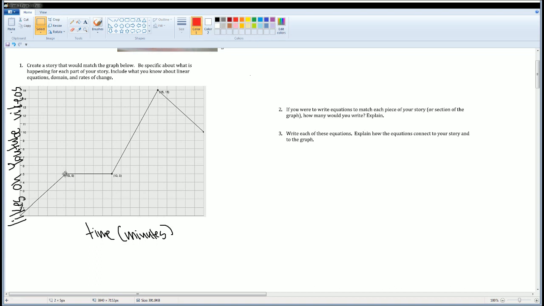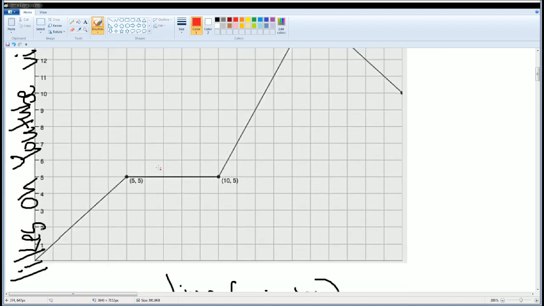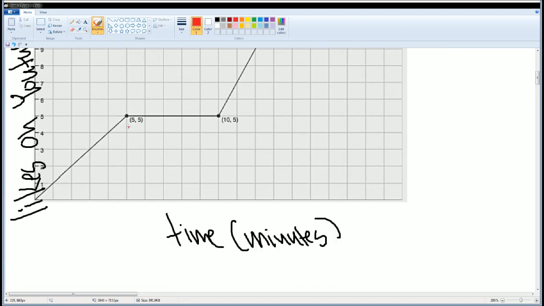All right. So what does each one of these represent? Let me zoom in. At this one, what it represents is at 5 minutes, I have 5 likes. Here, what's my x?